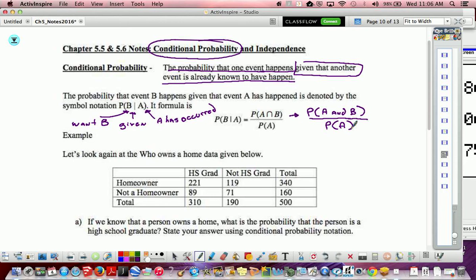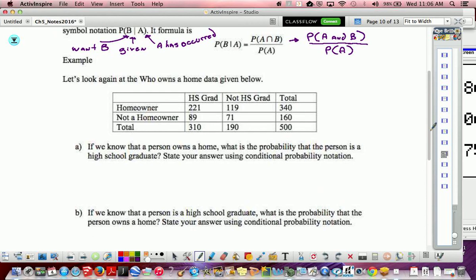Since you know that A has happened, you're really just looking at the outcomes of A. You can toss out all the outcomes of just B occurring first.